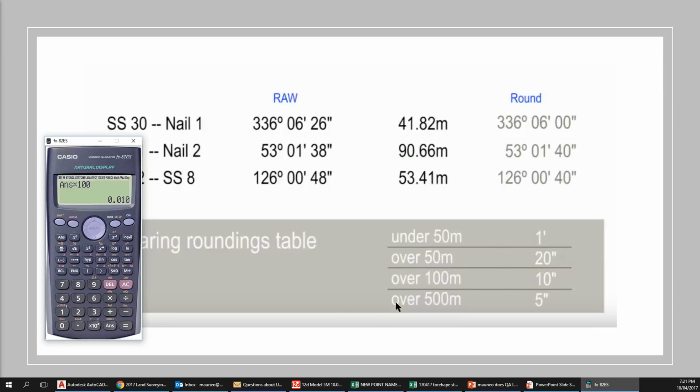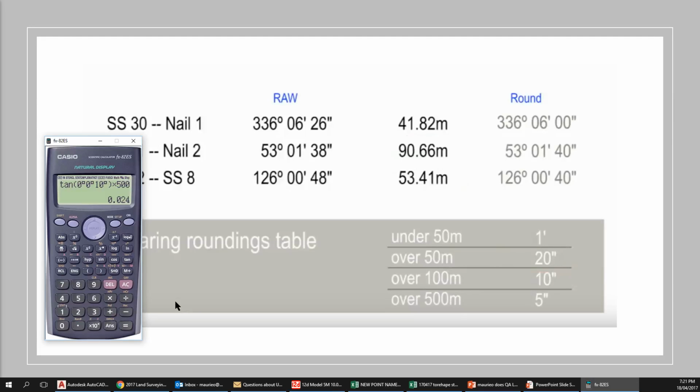And then if we go over 100, let's see what happens at 500 meters with 10 seconds. So tan of 0 degrees 0 minutes 10 seconds, times 500 equals 24 mils.